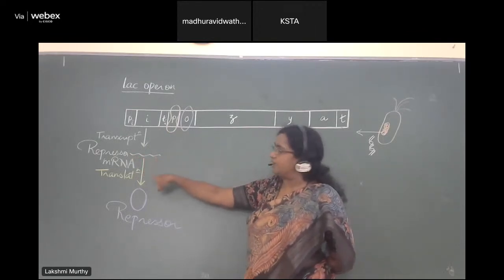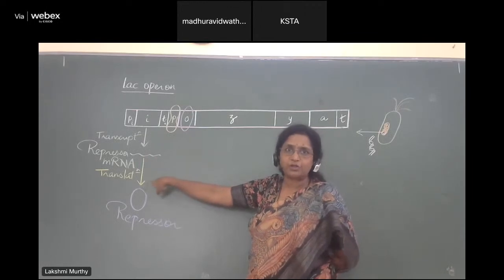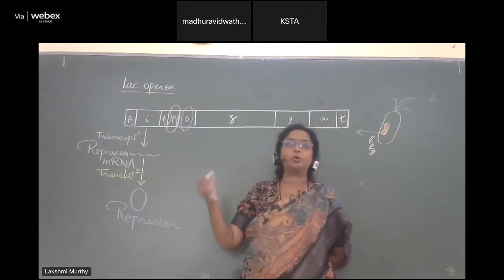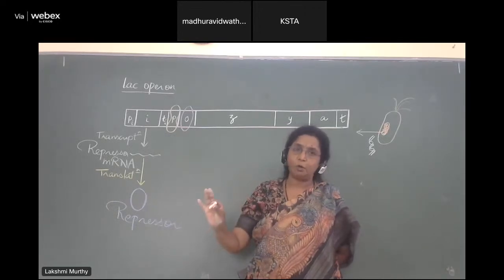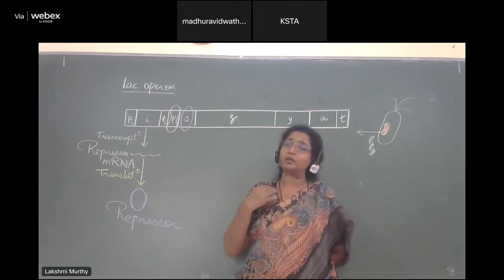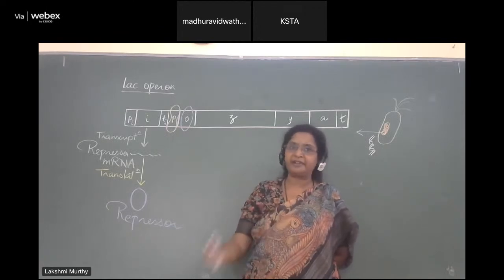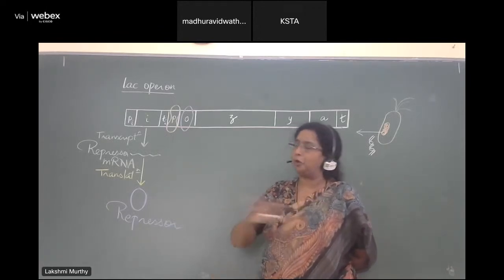That repressor mRNA, with the help of ribosomes, undergoes translation, and a repressor protein molecule is produced by default all the time. We call it a constitutive gene or an unregulated gene. It is produced all the time.